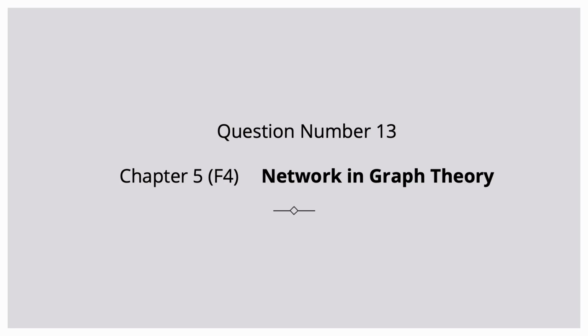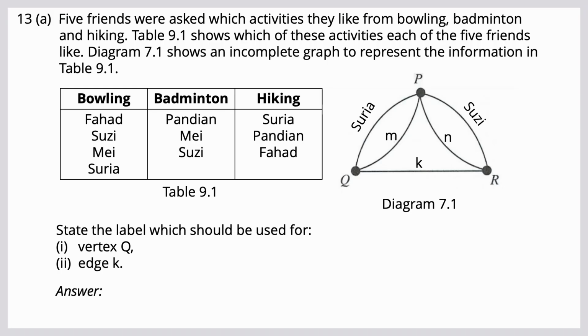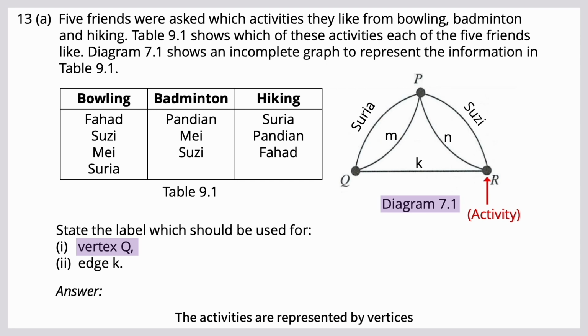Question number 13. A. State the label which should be used for vertex Q and edge K. Table 9.1 shows which of these activities each of the 5 friends like. Diagram 7.1 connects activities and people. The activities are represented by vertices.